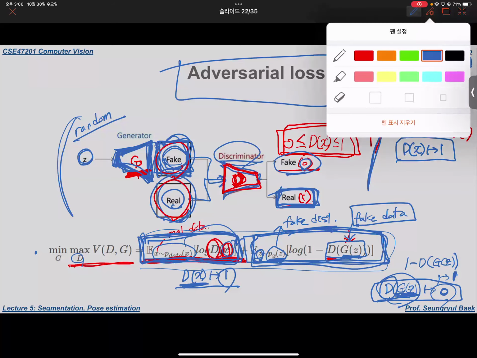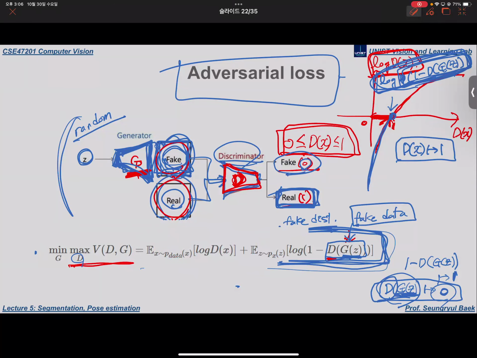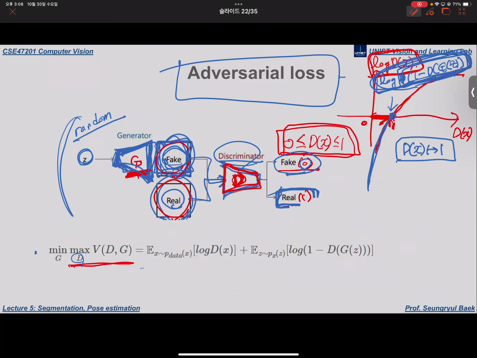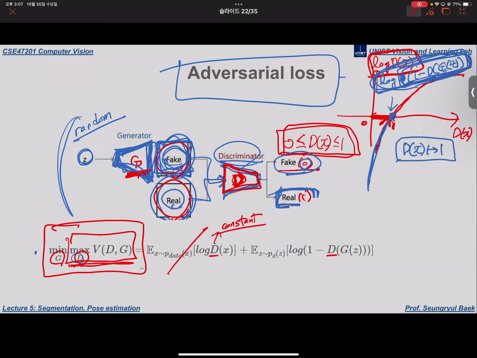And the other part, from now on, I will explain. So we maximize this formula with respect to D first, and then we now minimize the same formula with respect to G. And when doing this, we will regard the discriminator as the constant, because it is frozen. So the overall term is constant now, so we will not care about this.